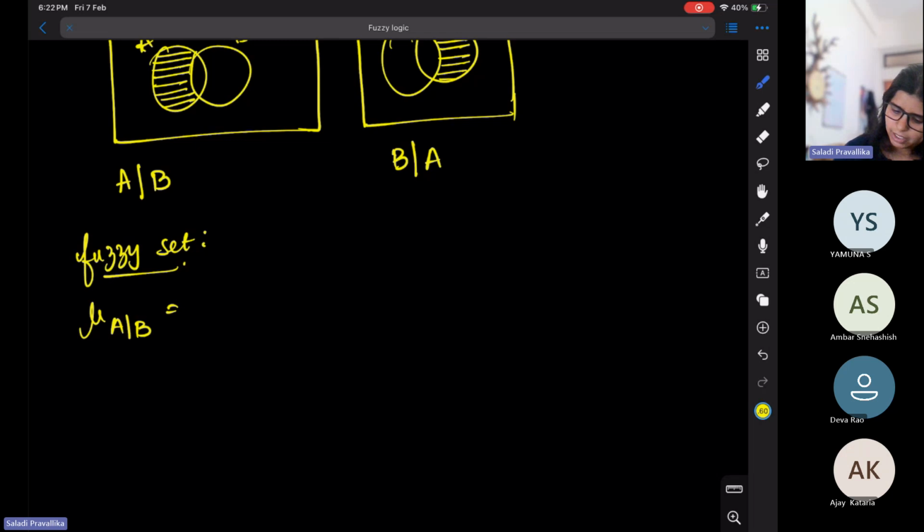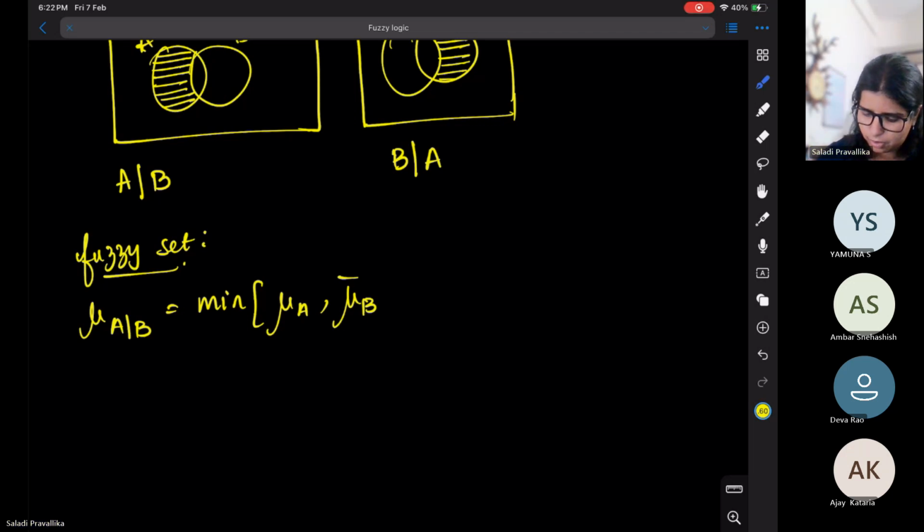So now we are taking the minimum value between mu A and mu B bar. That is the opposite of mu B, that is 1 minus mu B, right? For a given value of some x.